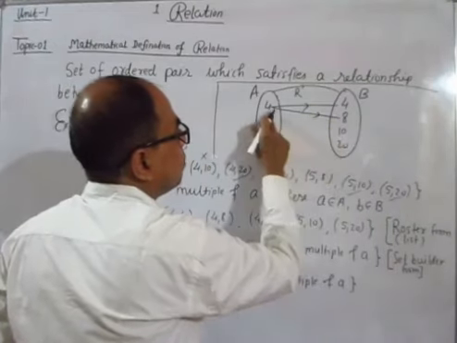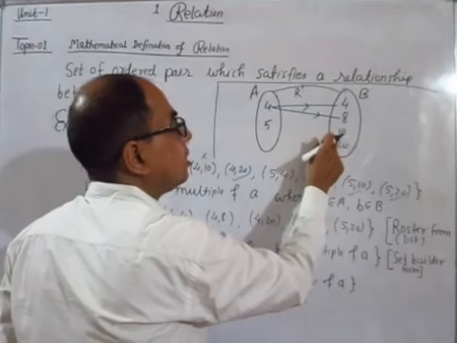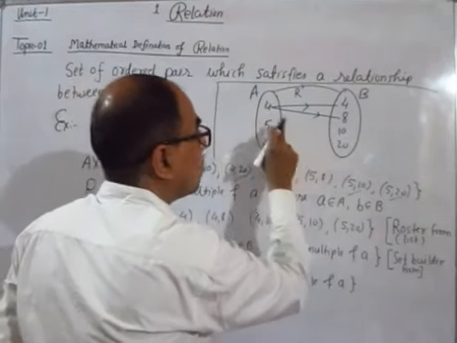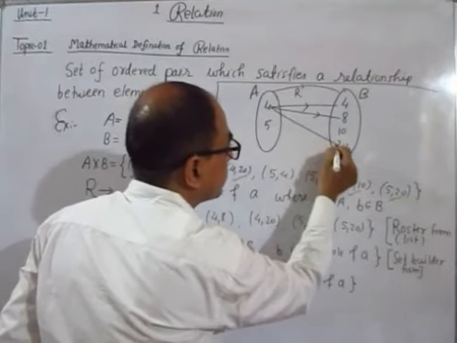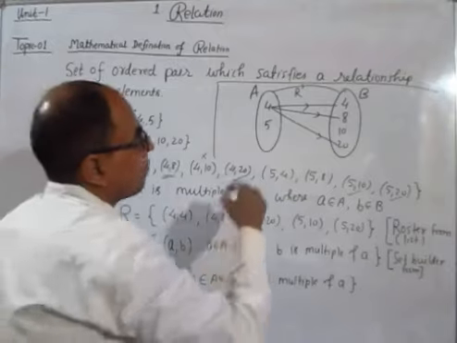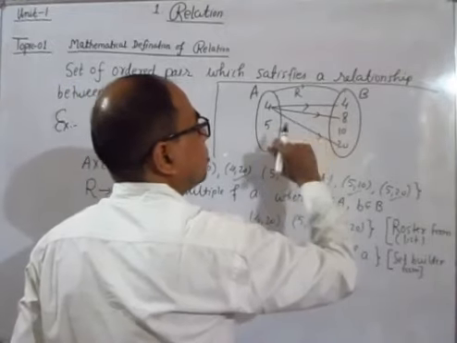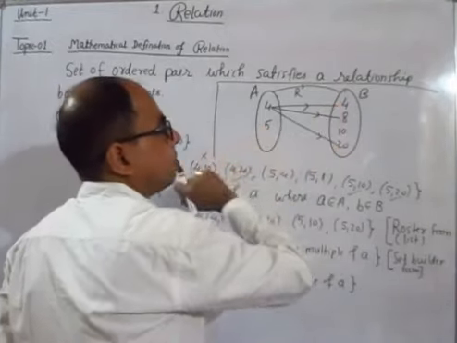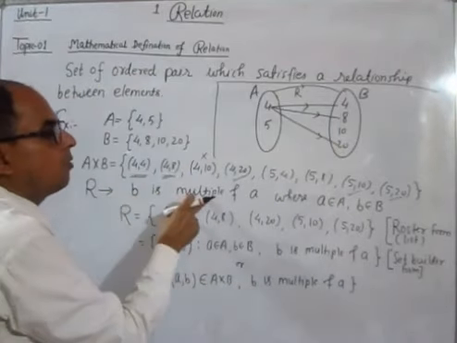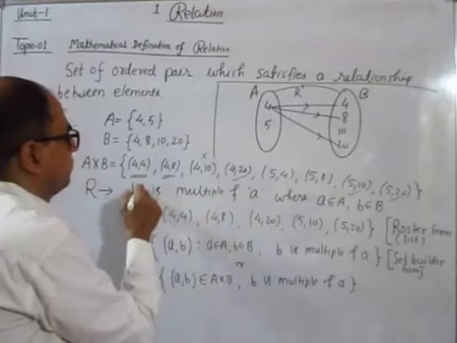Now 4 is not related with 10. Why? Because 10 is not a multiple of 4. 4 is also related with 20 because 20 is a multiple of 4. Now similarly 5 is not related with 4 because 4 is not a multiple of 5. Here the relation is: second element is a multiple of first element.